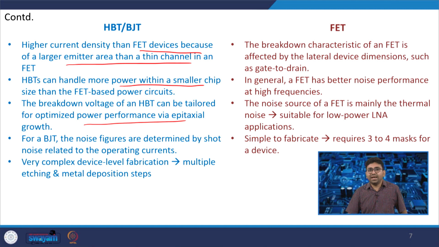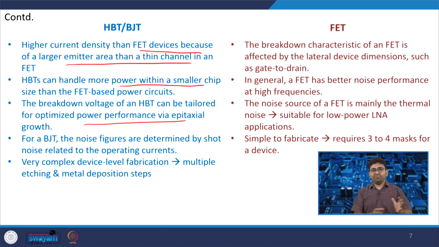In general, FET has a better noise performance at higher frequency. The noise sources of FET are mainly thermal noise and it is suitable for low power LNA application, but it has flicker noise also, that we have already discussed, and it is simple to fabricate, requiring not more than 3 to 4 masks for a device.